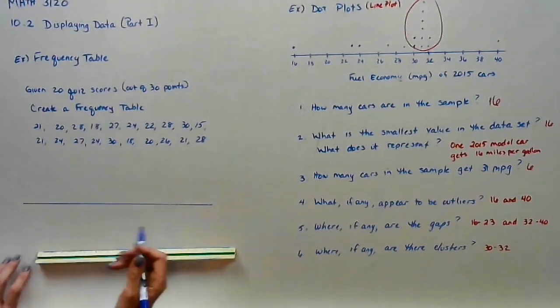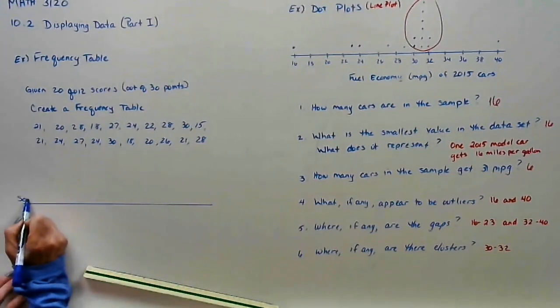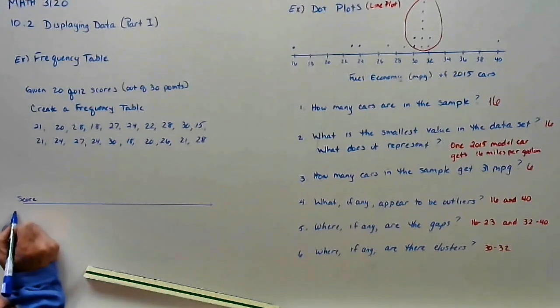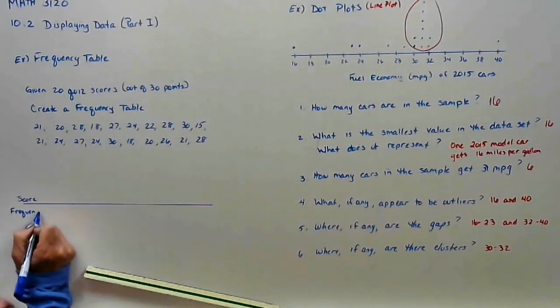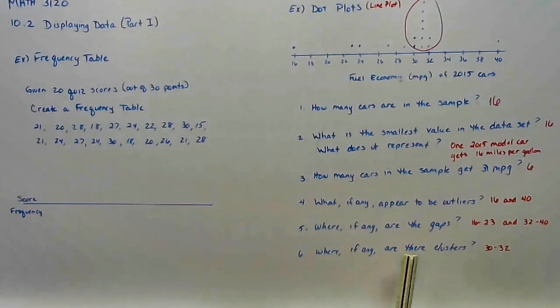I'm going to list the score and then the frequency, in other words, how often it occurred. And I'm going to choose to rank them from low to high instead of high to low.